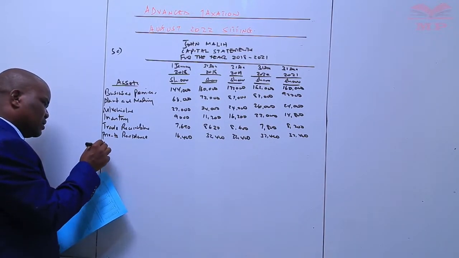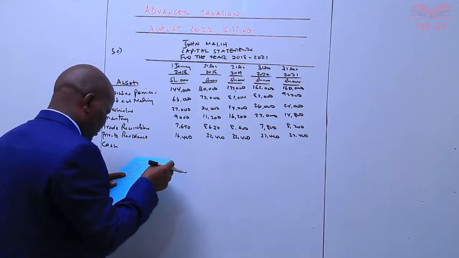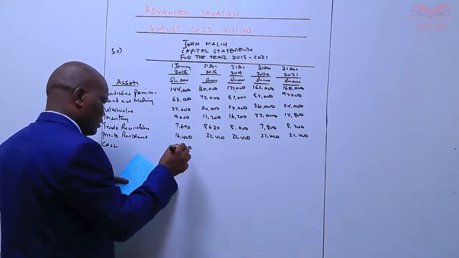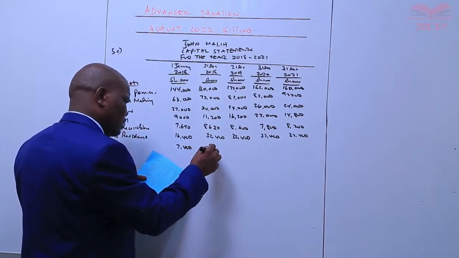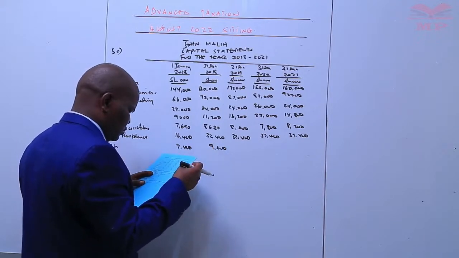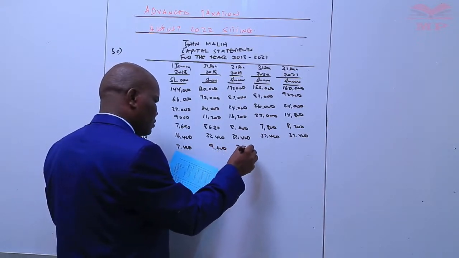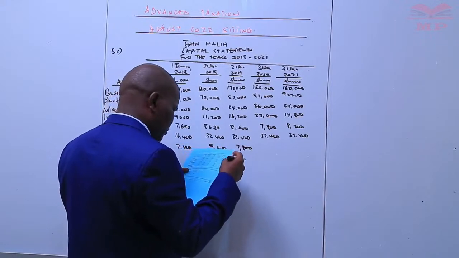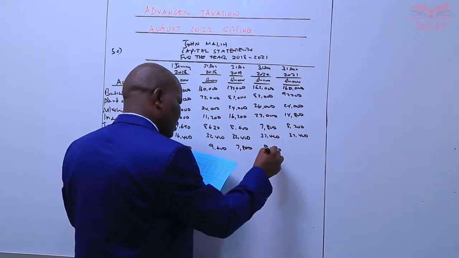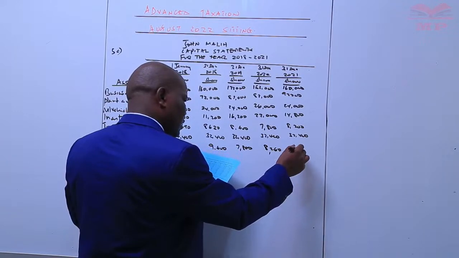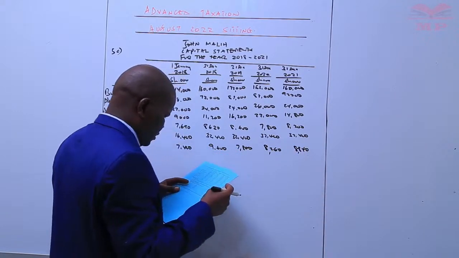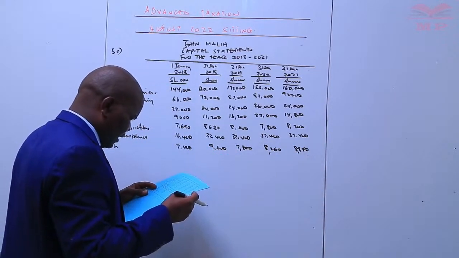Then you have cash. Cash is an asset. 7,400, 96, 78, 8260, and 8840. That is all in terms of assets.